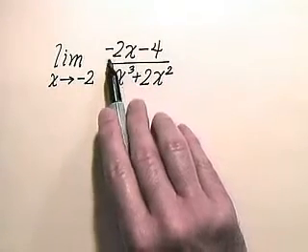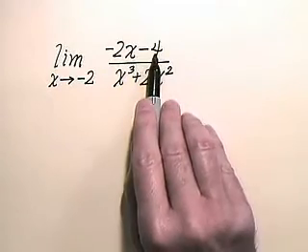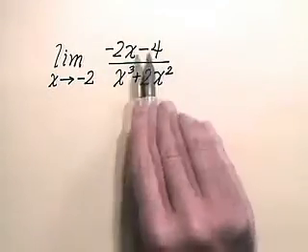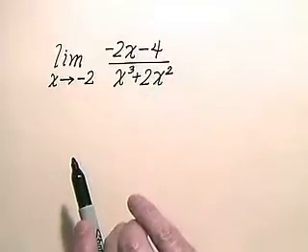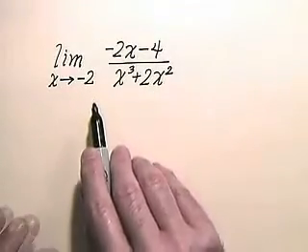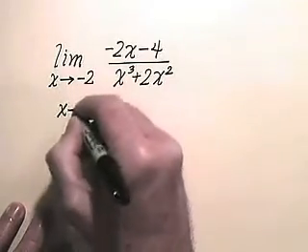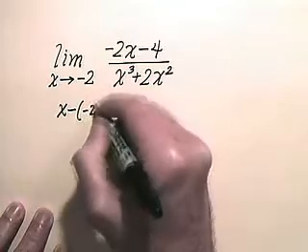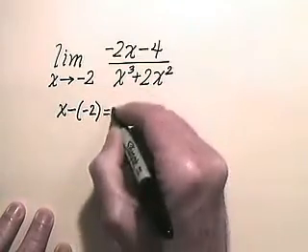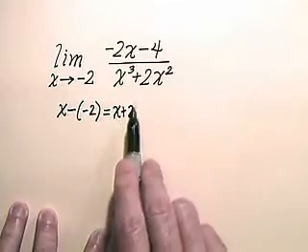Of course, that tells us that x minus the -2, which in this case means simply x plus 2, must be a factor of each of these polynomials. Well, in this case, the factorization of the denominator is actually easy because notice we've got x cubed, x squared.